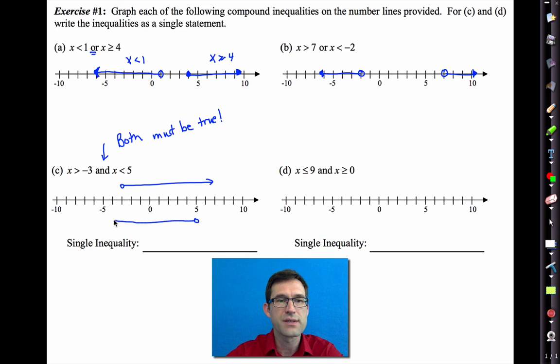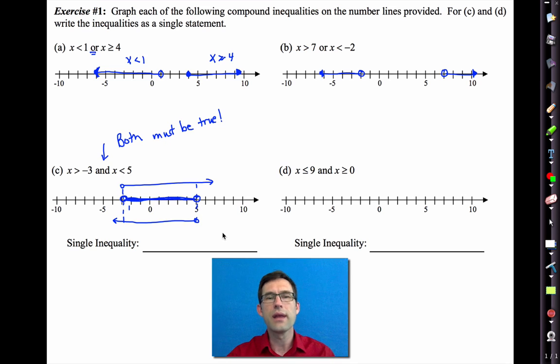That looks like this. The numbers that make them both true are where they overlap. It's all the stuff in here. Any number in here will be colored for both inequalities. So the correct graph looks like this. All right, now coloring it in.